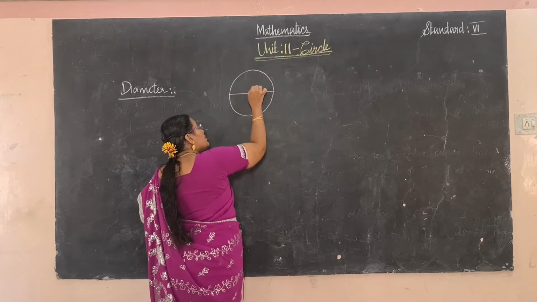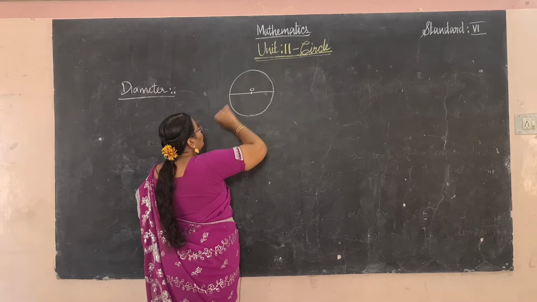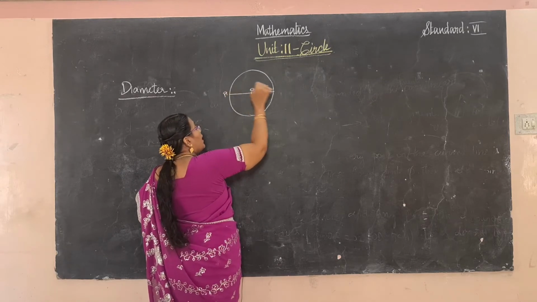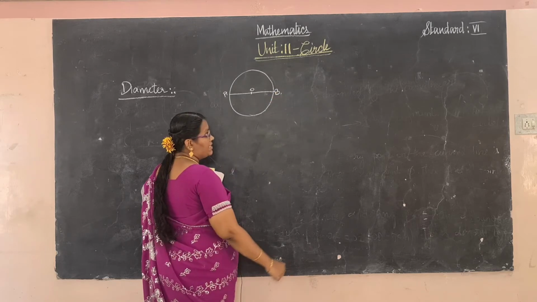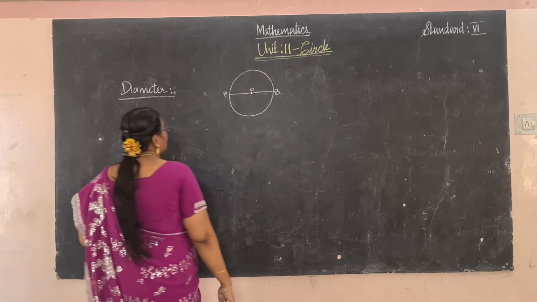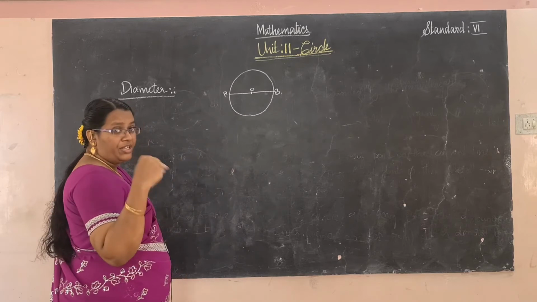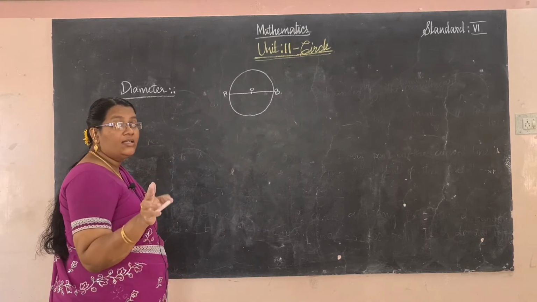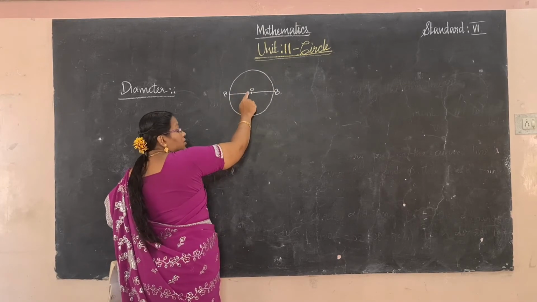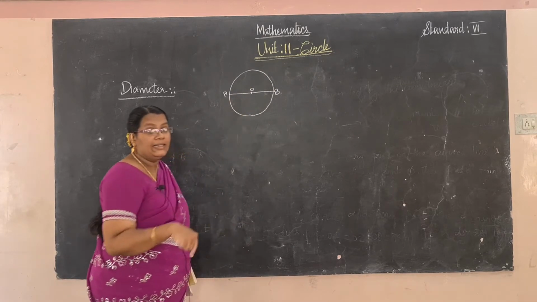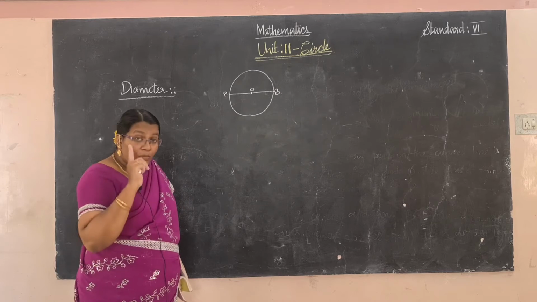With the fixed point O, the line segment AB has its two end points on the boundary of the circle and passes through the center.